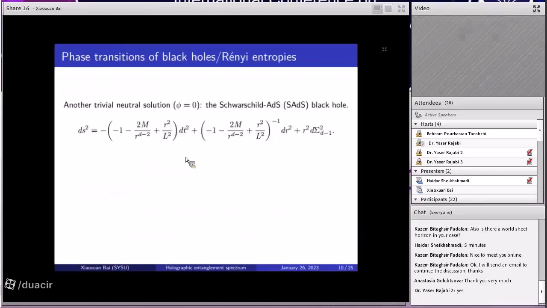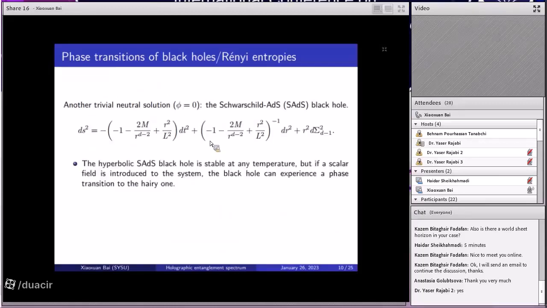The black hole can experience phase transitions. There's another trivial neutral solution in which the scalar field vanishes. It's just the Schwarzschild AdS black hole. So the hyperbolic AdS black hole is stable at any temperature, but if we introduce a scalar field to the system, the black hole can experience a phase transition to the hairy one.